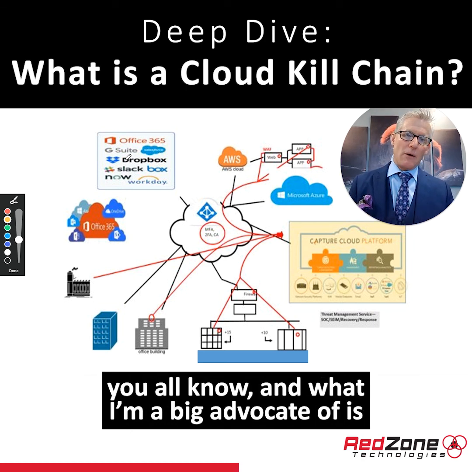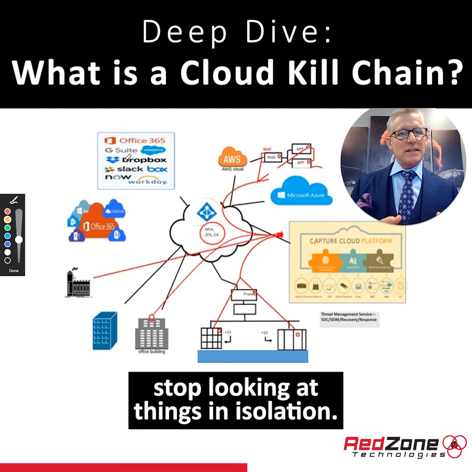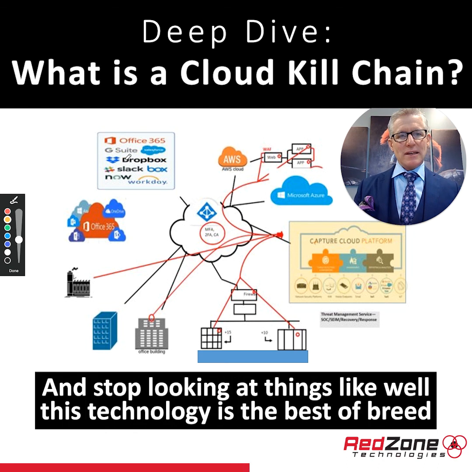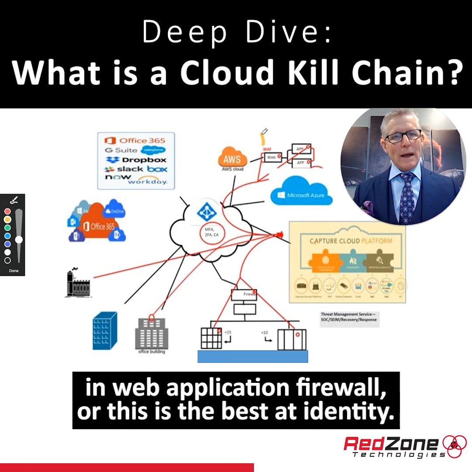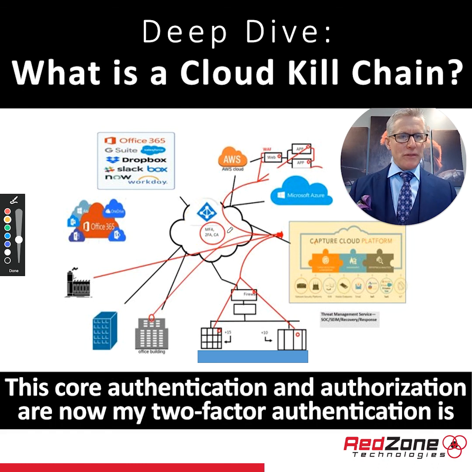And what I'm a big advocate of is understanding what the problem is at scale, and stop looking at things in isolation, and stop saying, well, this technology is the best of breed in web application firewalls, or this is the best at identity. This core area here, and it's core for a reason, is identity. This core, authentication and authorization, and I have my two-factor authentication under control, and I'm done.